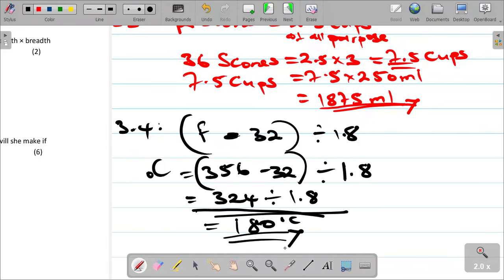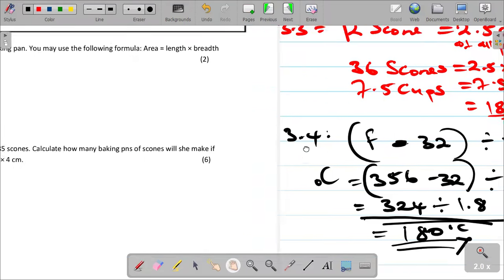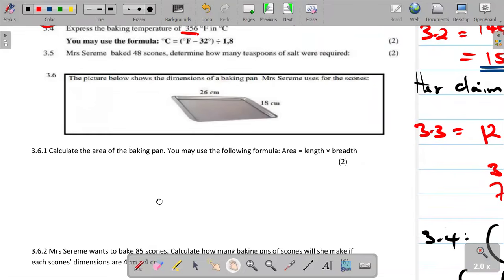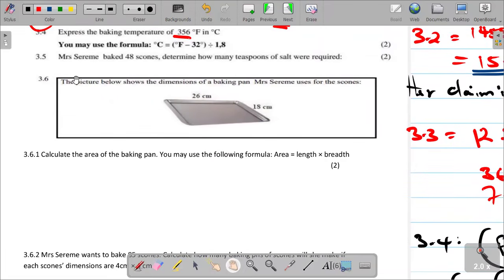And then 3.5, it says Miss Serene baked 48 scones; determine how many teaspoons of salt were required. She baked 48 scones. How many teaspoons of salt were required?